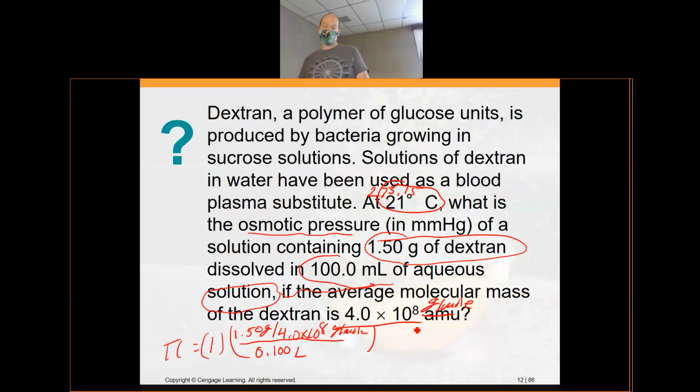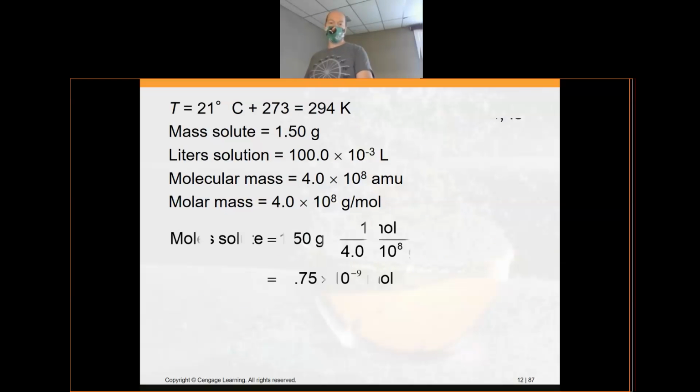That is your molarity, and then your 0.08206, and then your 294 Kelvin. You just had to convert your grams into moles and your volume into liters, and then you push the buttons and you get your osmotic pressure.